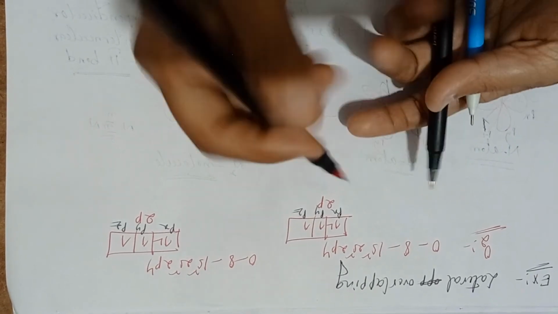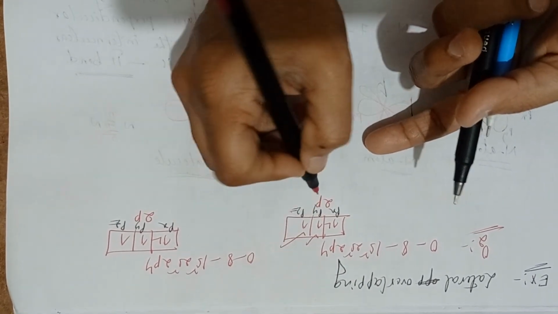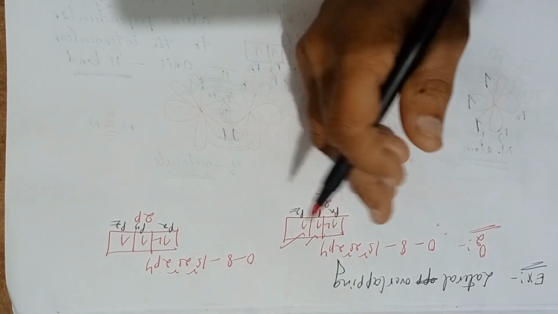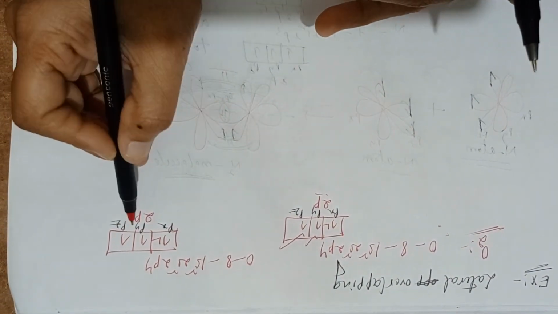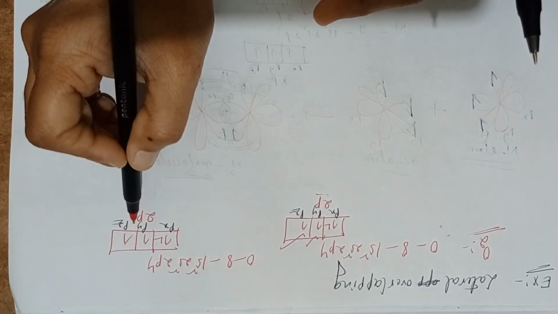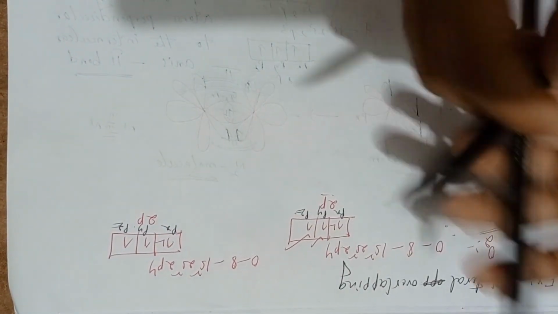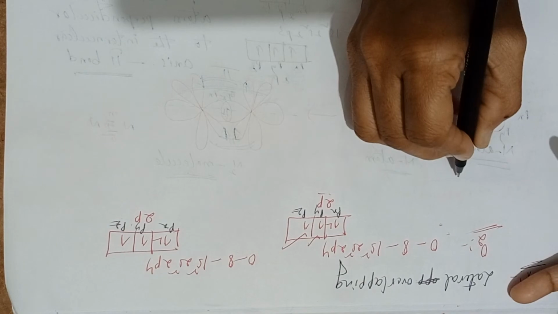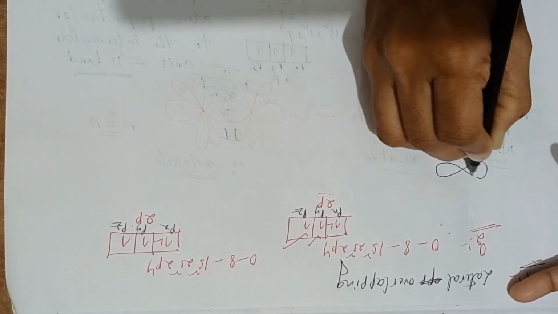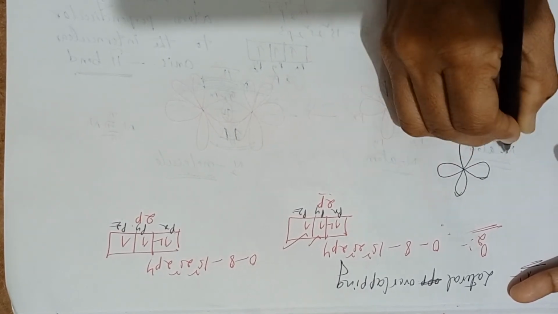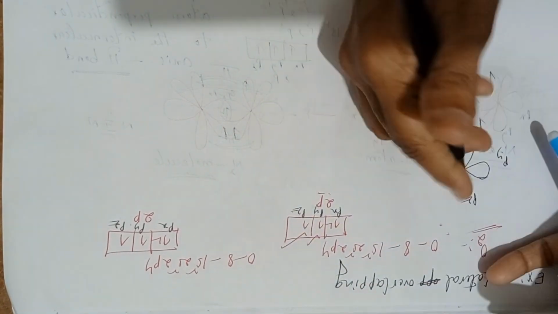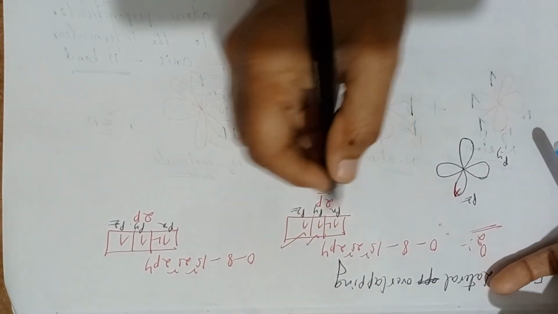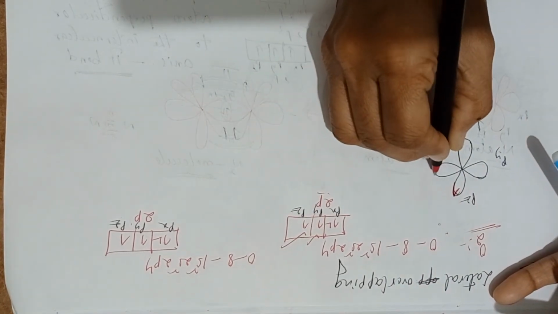Now the py, pz orbitals of one oxygen atom undergo overlapping with the py, pz half filled orbitals of the other oxygen atom, students. This is the py orbital, this is the pz orbital of one oxygen atom. Here one electron in the pz, and py also has one electron.